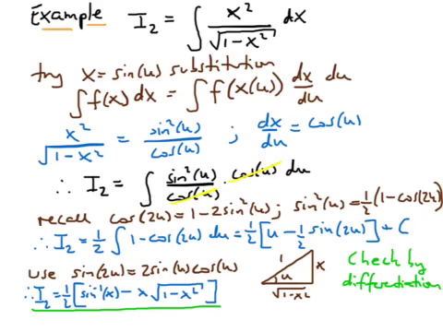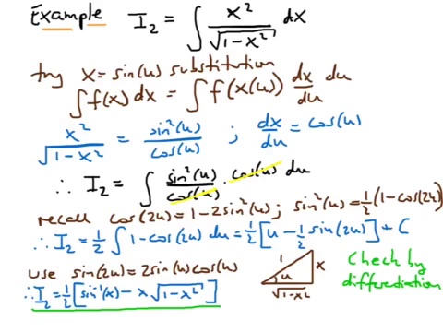Then we had to make use of this double angle formula, which is a standard thing we do for even powers of sines or even powers of cosines. And then, having written it like this, we wanted to re-express it in terms of the original variable, and to do that for the sine of 2u we again had to use a double angle formula. So again, I would encourage you to check this by differentiation, but now we're going to go on to the final example.